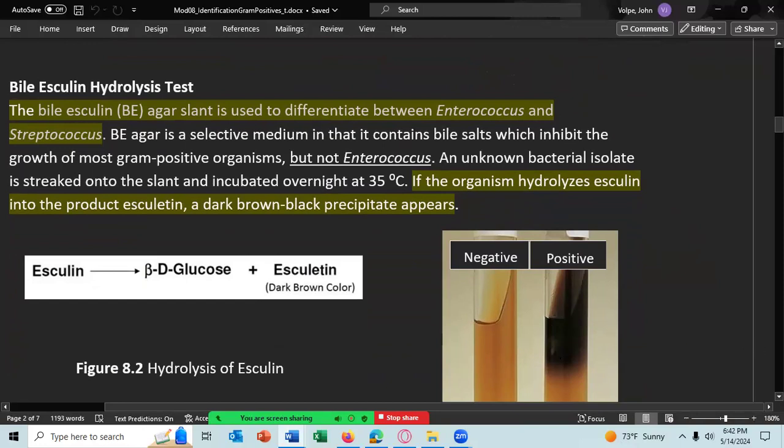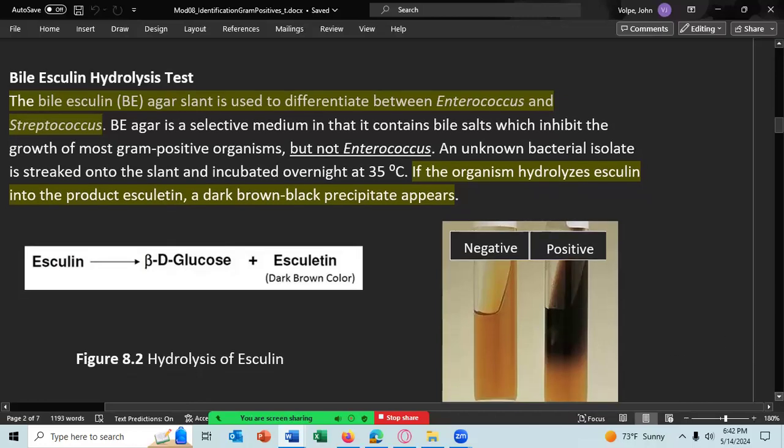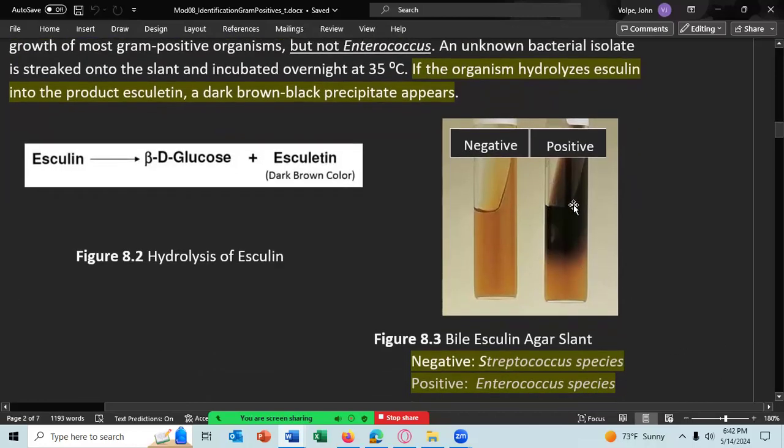If the organism hydrolyzes esculin, esculetin will be made, and this is a very dark brown, black precipitate. If you see 50% or more of the tube dark brown or black, then it is bile esculin hydrolysis positive.